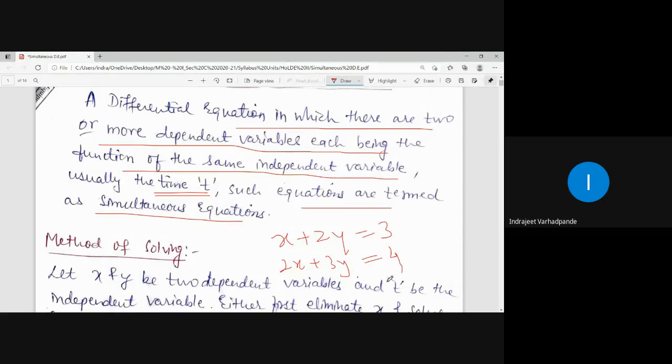How does the elimination method work? We concentrate on any one of the variables, either x or y, make the coefficients of those variables the same, and then add or subtract appropriately, looking at the given linear equations in two variables.